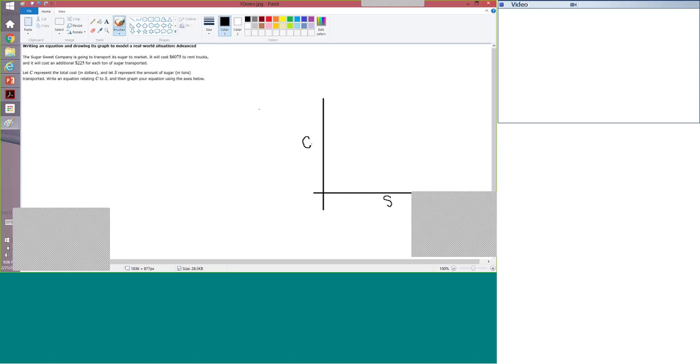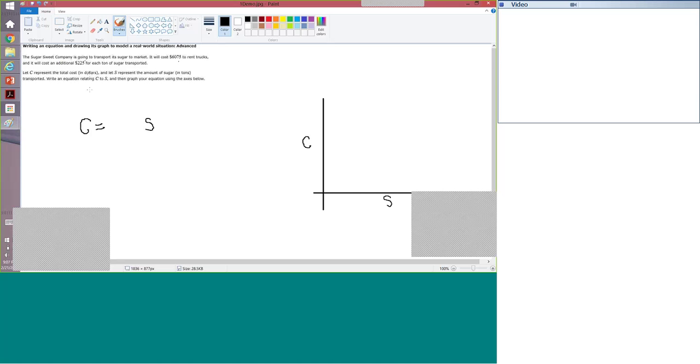Now it says that we're going to need to write an equation relating C to S. We need something that says, hey, C equals something in terms of S. So I know I'm going to have C on the left and something going on with S on the right. We know that it's going to cost initially $6,075 to rent the trucks, and it's going to cost an additional $225 for each ton of sugar.